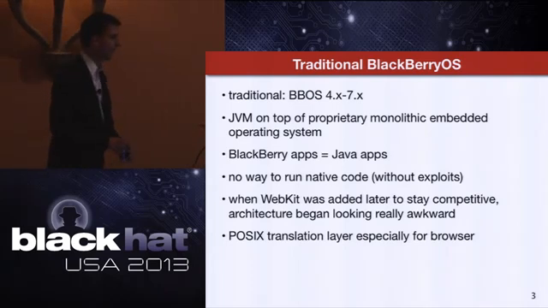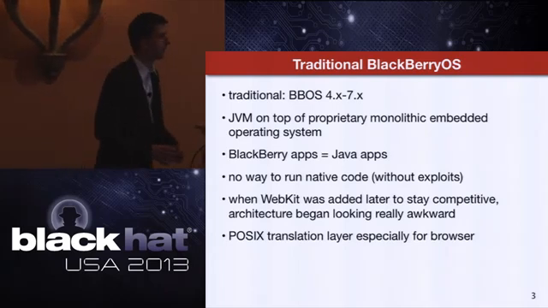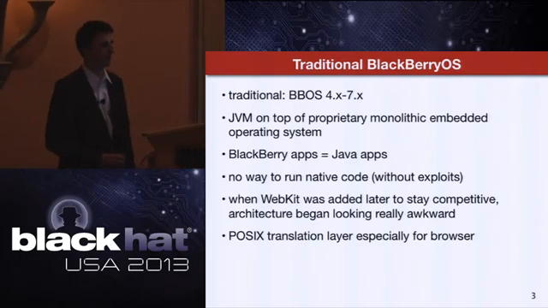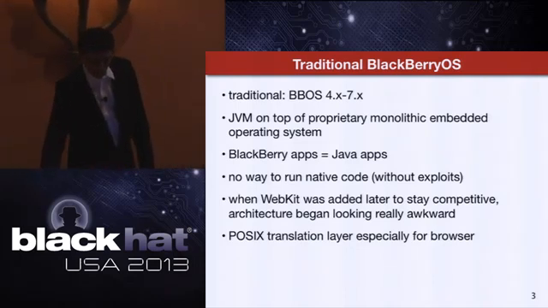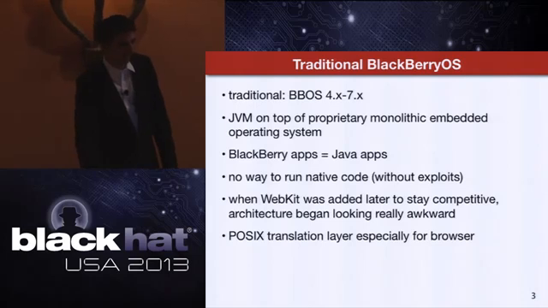Now, without any exploits, there was no way to run native code on the old BlackBerries. This even held for malware. I think there was one example of BlackBerry malware documented somewhere in Saudi Arabia, and that actually was written in Java as well.